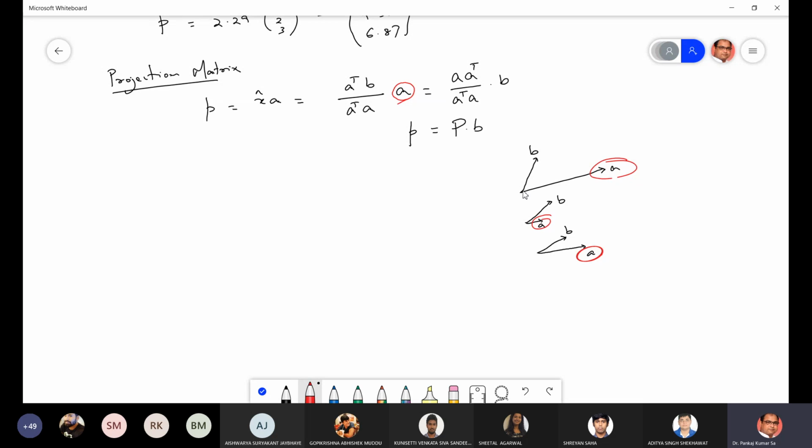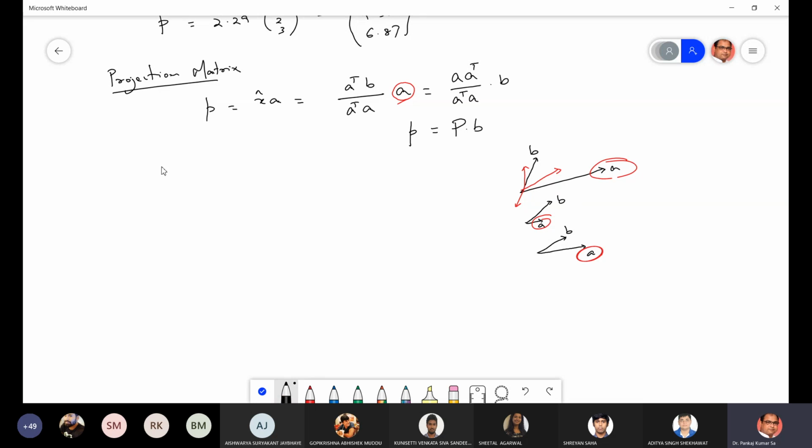So this B or this B or this B, I'm sorry, not the vector A. The projection matrix onto A should be invariant. And this is what the projection matrix is.